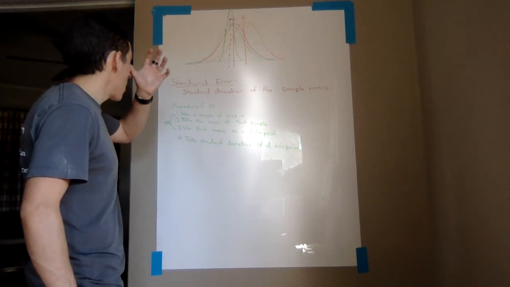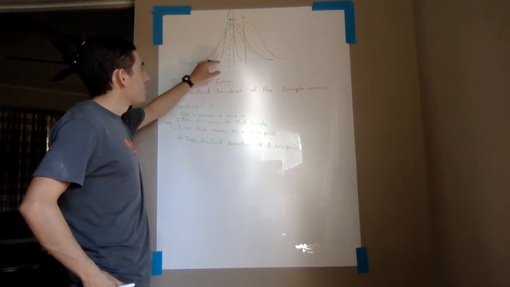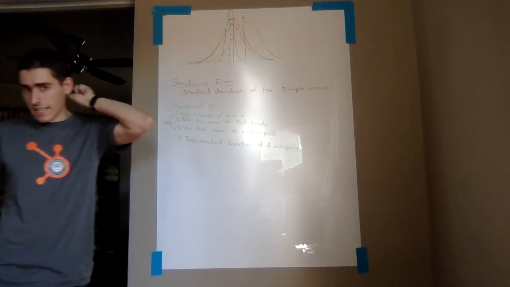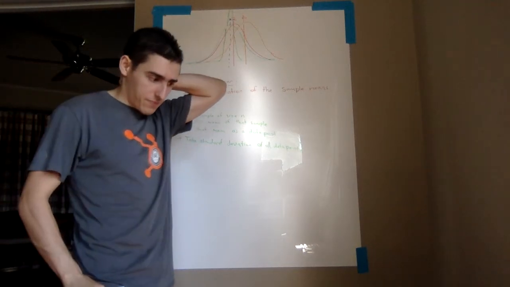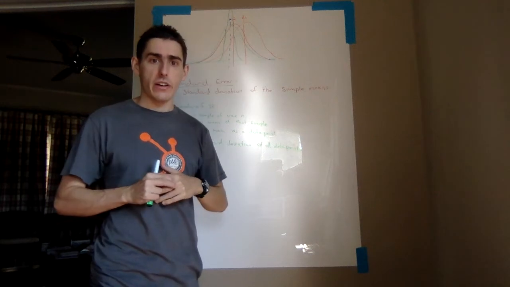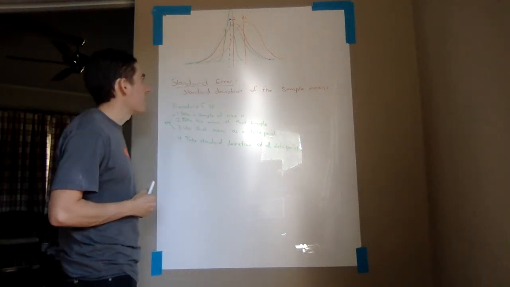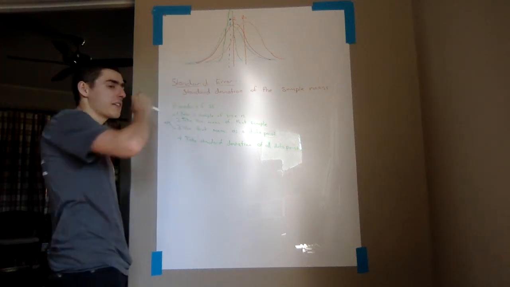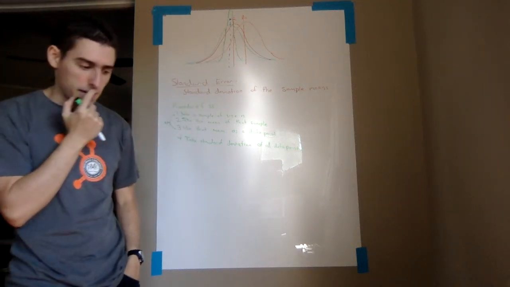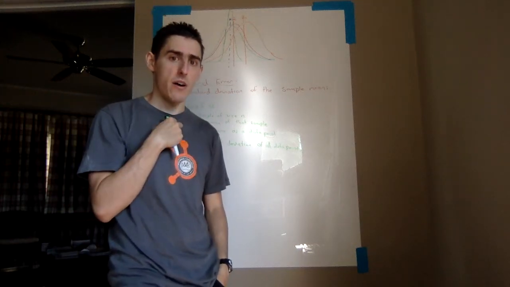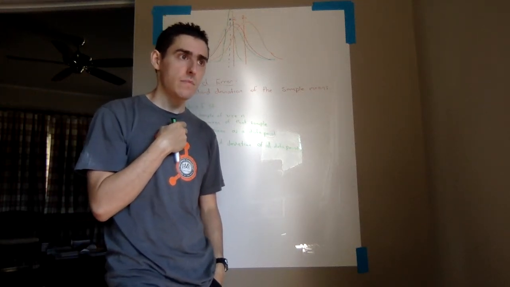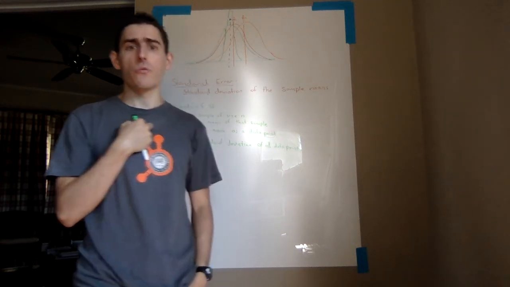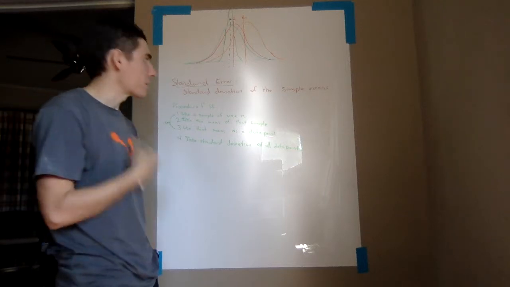But the reason we care about this is that the standard deviation here is telling us how much sample means vary. That's the thing we can compare to determine how extreme, how unusual a given sample mean is, right?